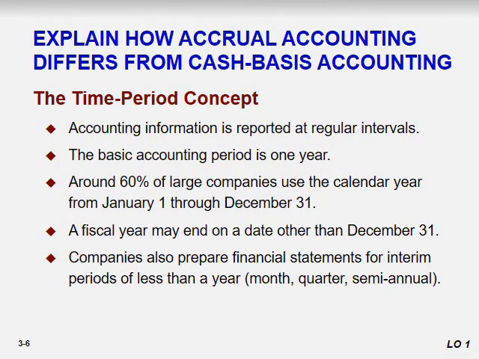And now the time period concept in accrual accounting. The only way for a business to know for certain how well it performed is to shut down, which means sell the assets, pay the liabilities, and return any leftover cash to the owners.